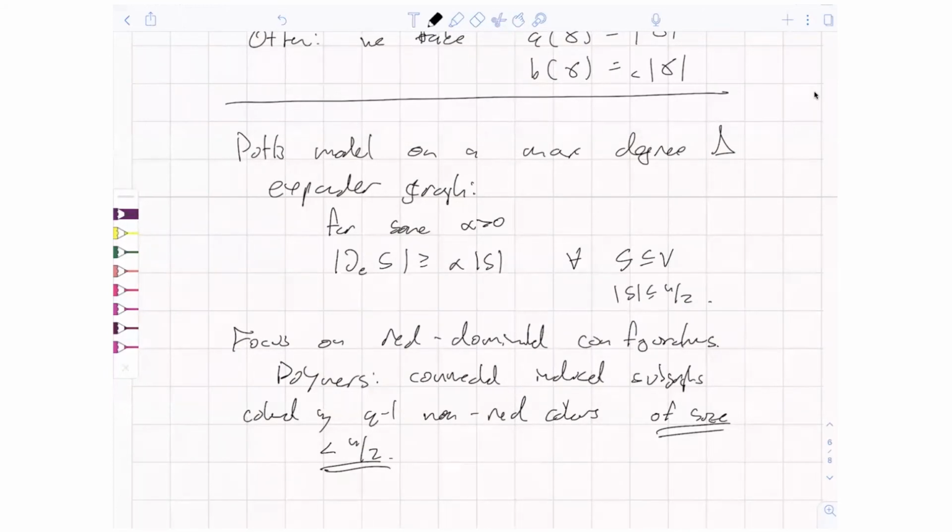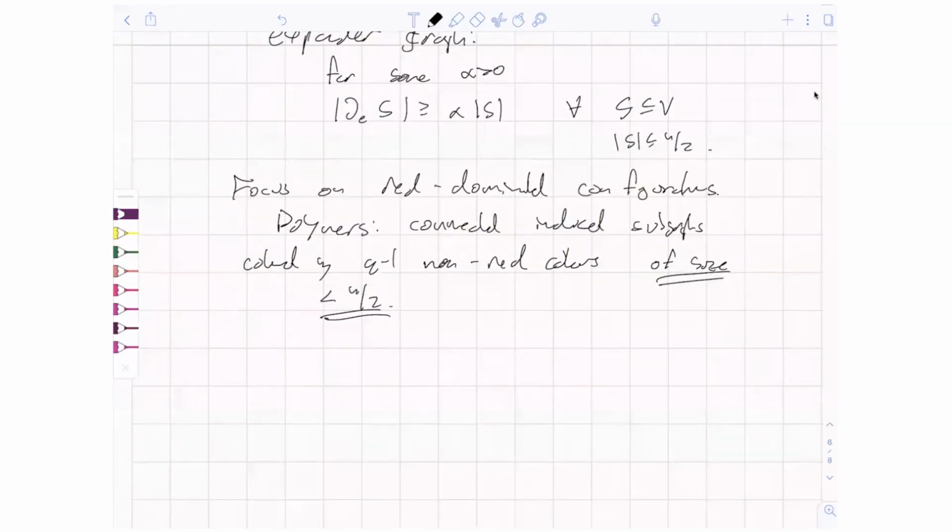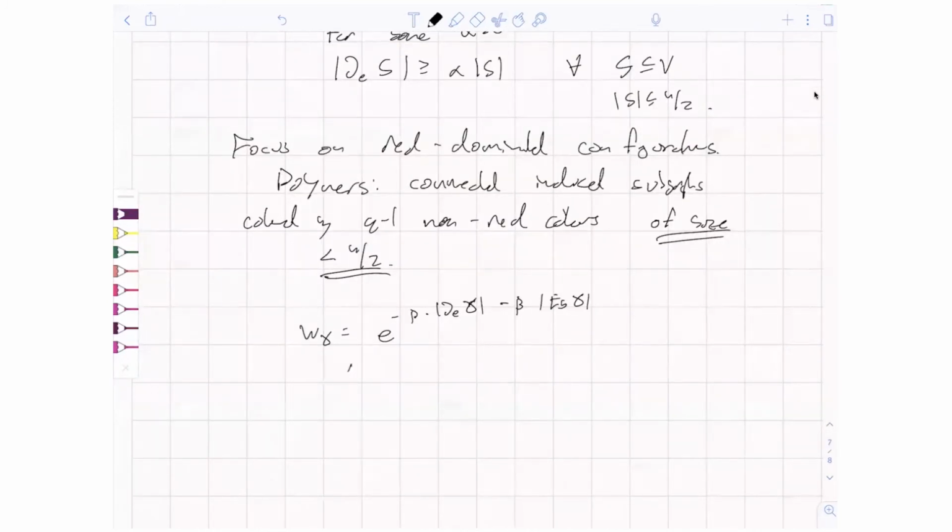Okay. And again, what was the weight function? The weight of gamma was e to the minus beta times the number of bichromatic edges in gamma, the outgoing edge boundary. Okay, but already we can put an upper bound, right?